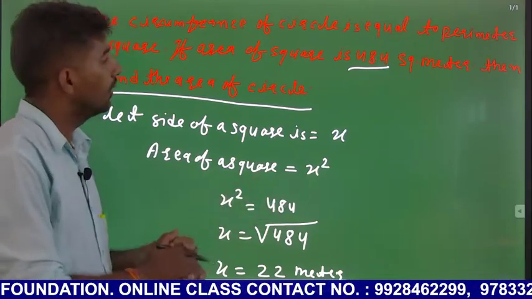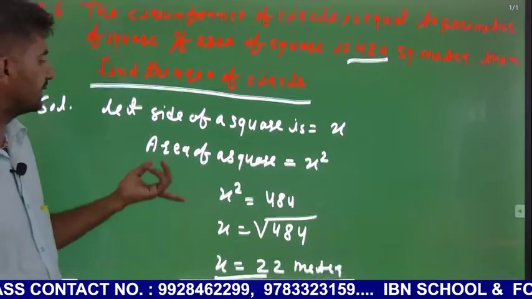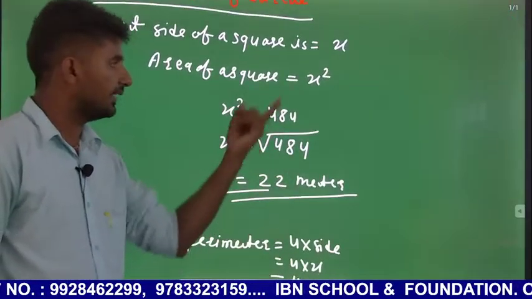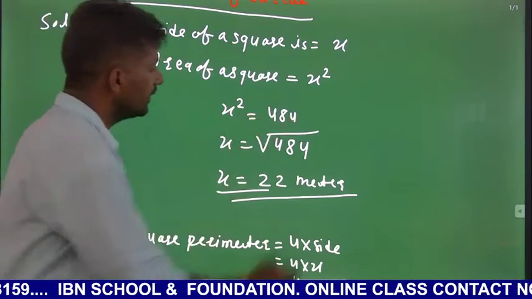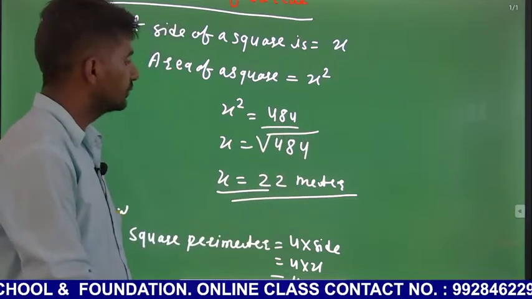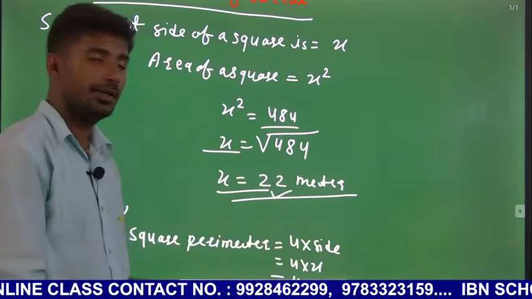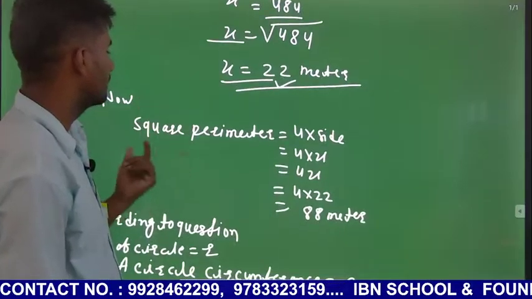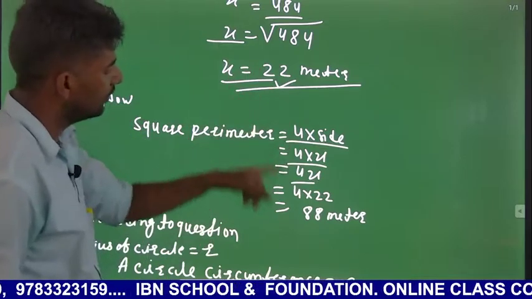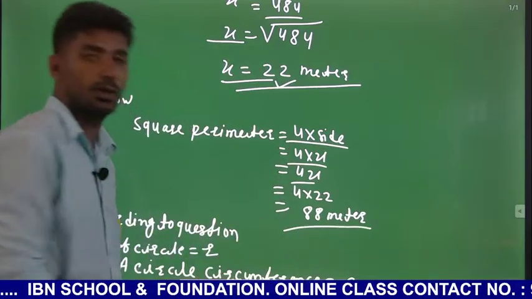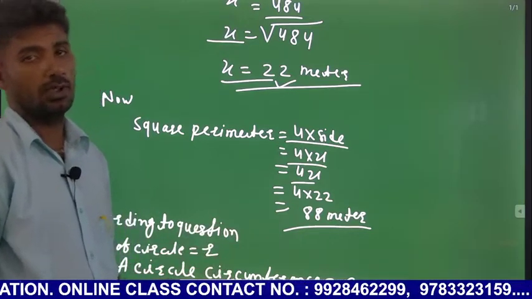The area of a square is side square, so x square is the area, 484 square meter, and x is 22 meter. Then the square perimeter, using the formula with this x value, and according to the question the square perimeter is equal to the circle circumference.